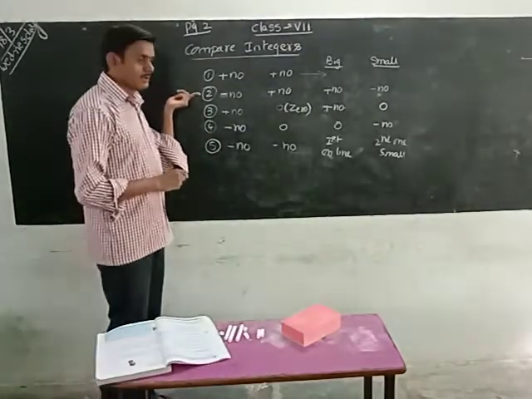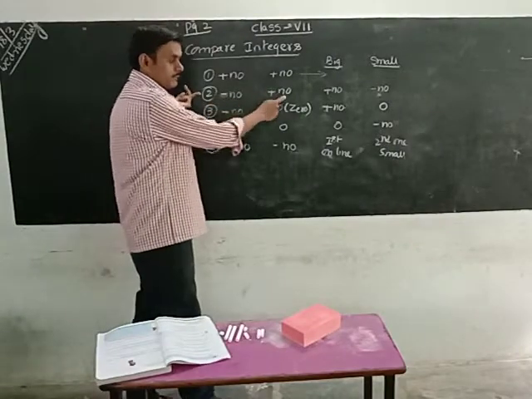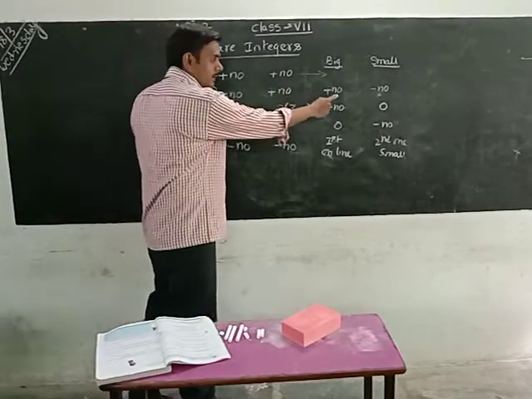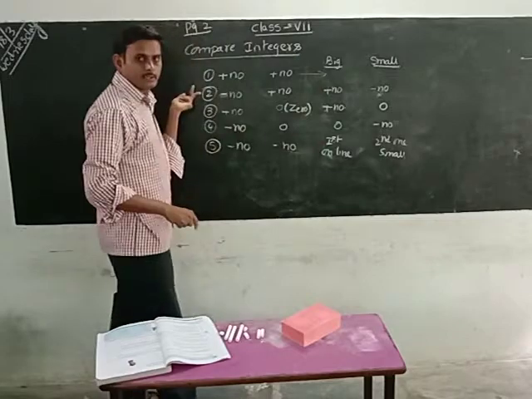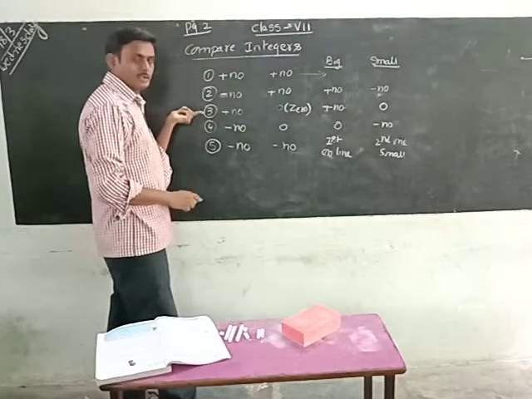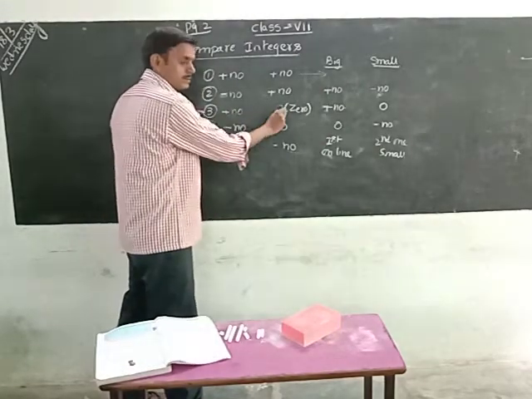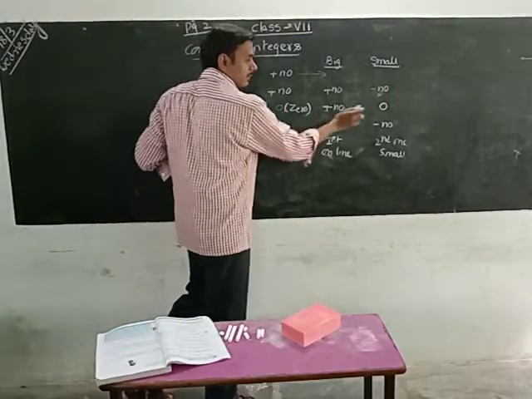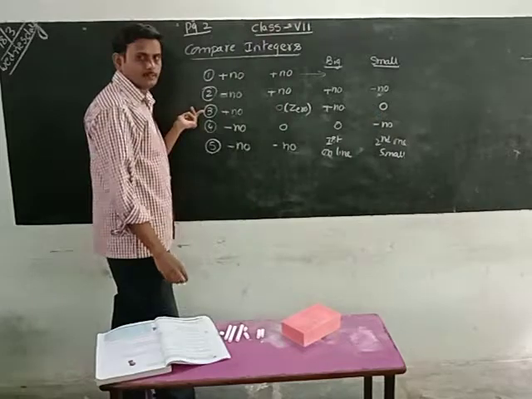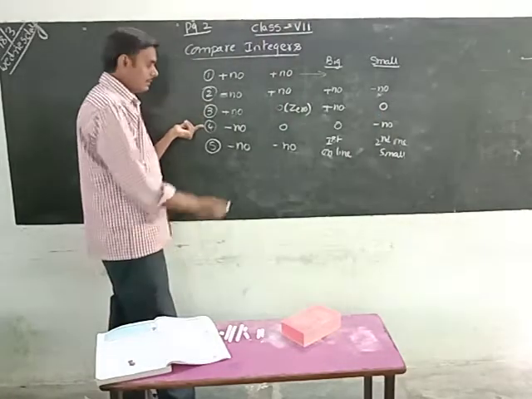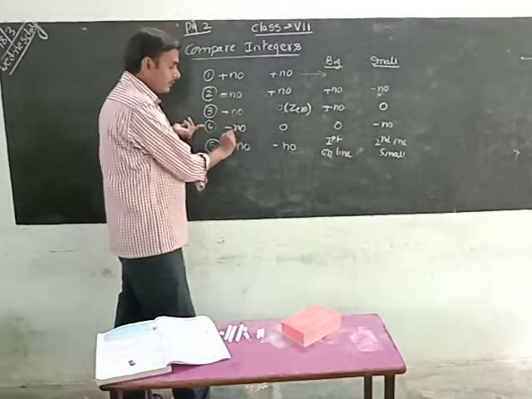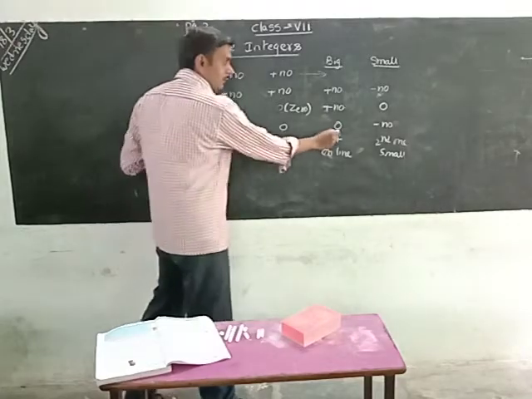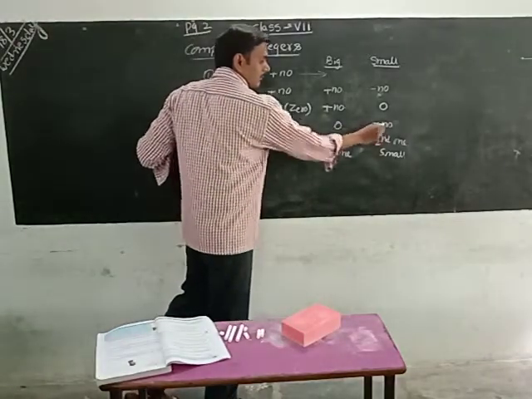Negative with positive: positive is bigger, negative is smaller. Positive with 0: positive is bigger, 0 is smaller. Negative with 0: 0 is bigger, negative is smaller.